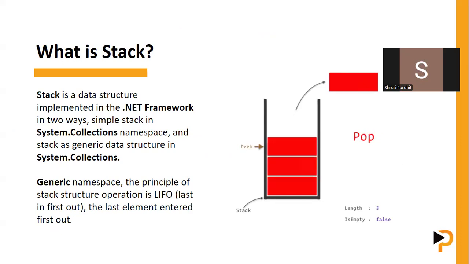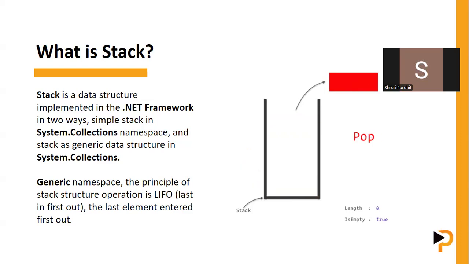If you can see this animated GIF image, there is a stack and we are inserting, and there is one more indicator, that is nothing but a peek. A stack is a data structure implemented in the .NET Framework in two ways: a simple stack in the System.Collections namespace and a stack as a generic data structure in the System.Collections.Generic namespace. The principle of stack operation is last in, first out. The last element entered will be the first out.